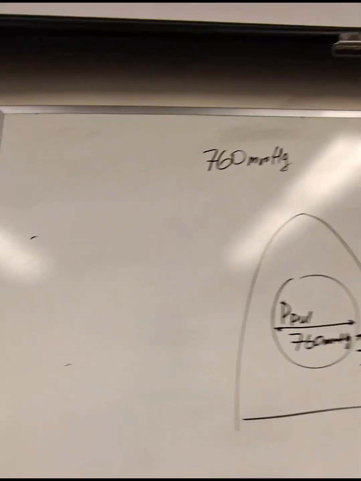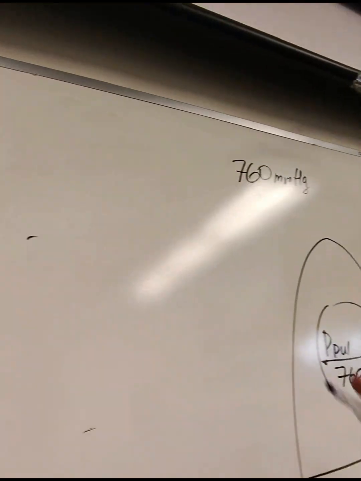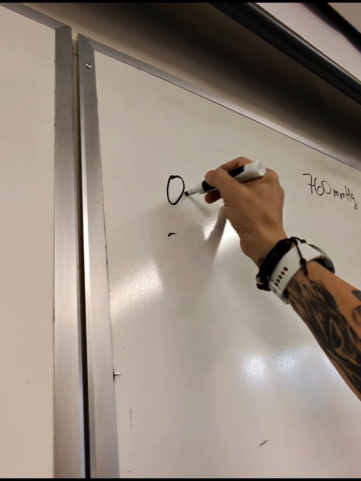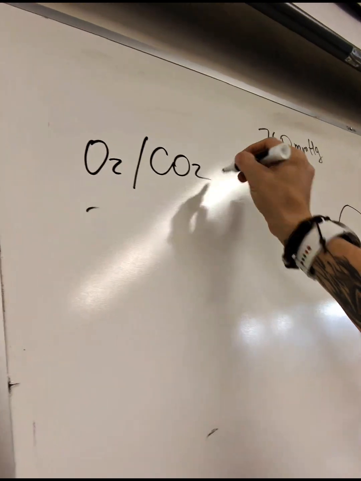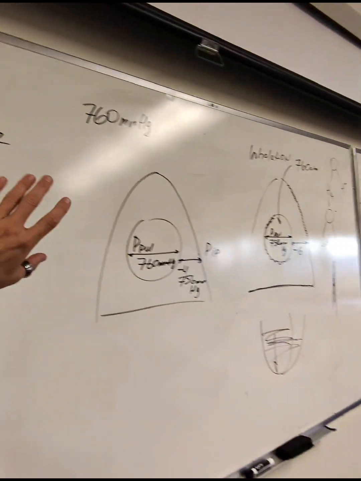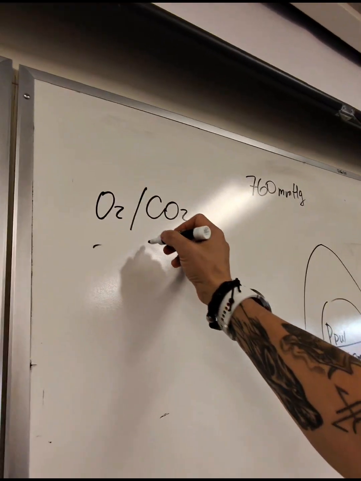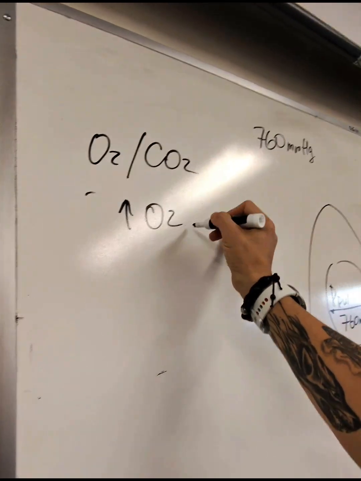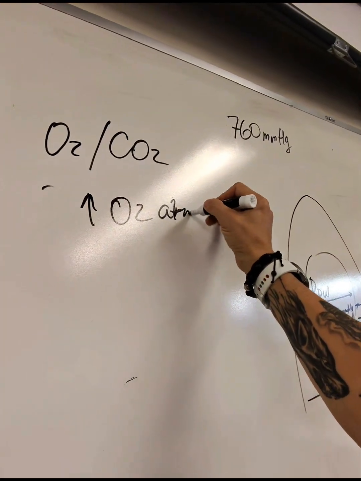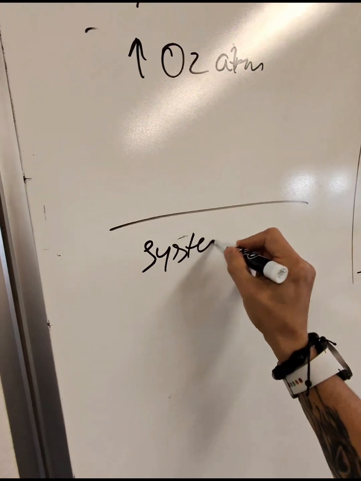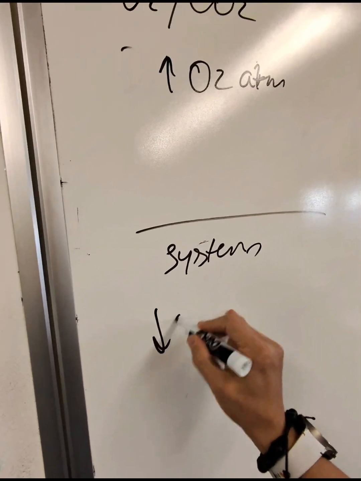So let's talk about pulmonary ventilation, but now I want to introduce here oxygen versus carbon dioxide. There is a ratio between oxygen and carbon dioxide. It's not 1-to-1, but what happens is that there's more oxygen in the atmosphere compared to the oxygen in the system, right? There's less oxygen in the system.